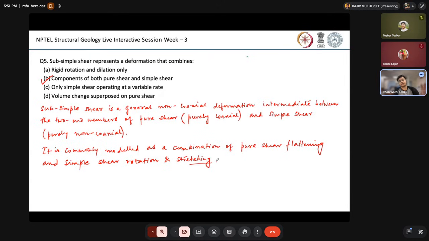So that is how subsimple shear is commonly represented.